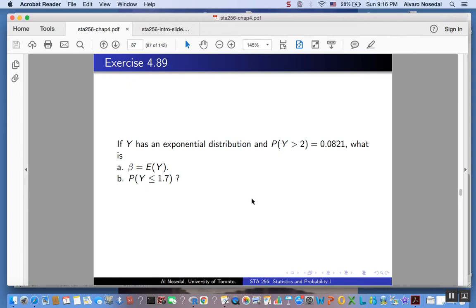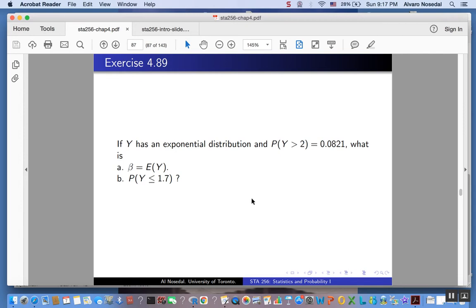So we have an exponential distribution as expected. We are given that information, that the probability that the random variable is greater than 2 is 0.0821, right?